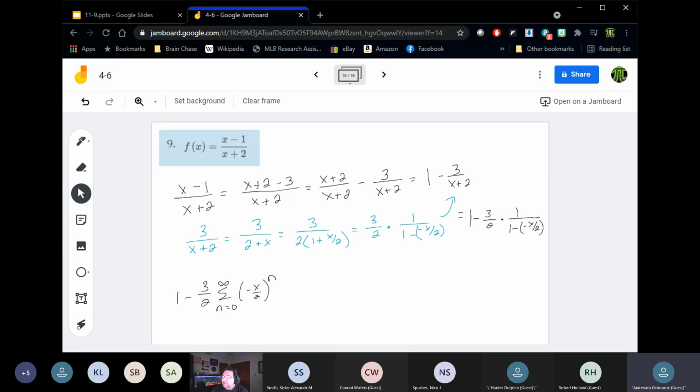Yes. So basically, I took the -1 and I changed it to +2 -3, which is still -1. So I haven't changed the problem. But what that did is it gave me x plus 2 on the top and on the bottom.